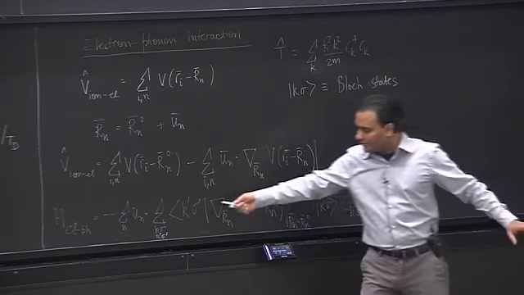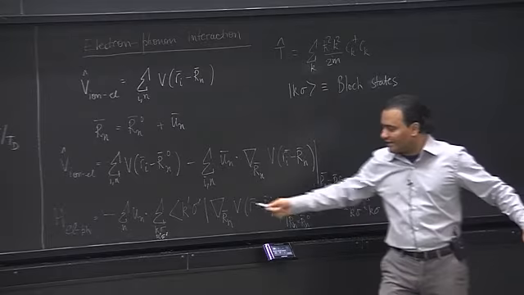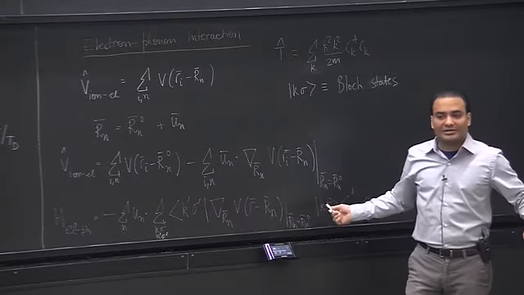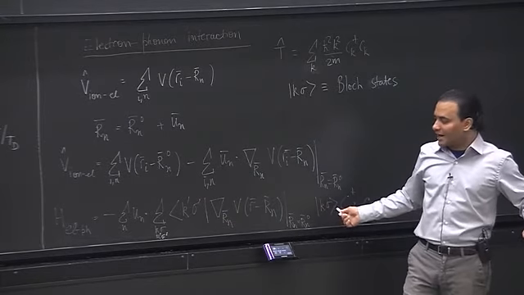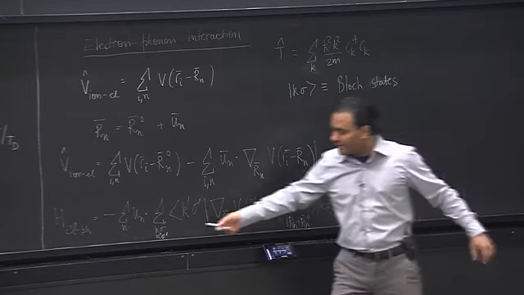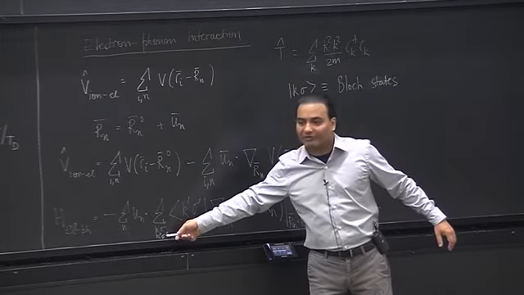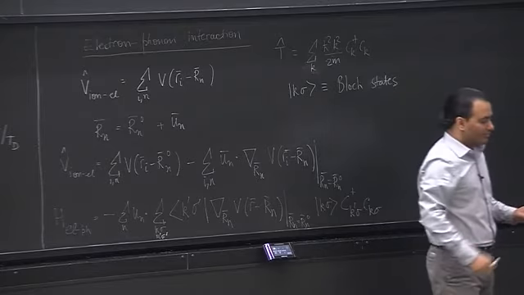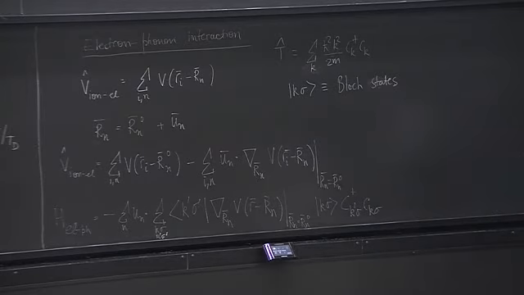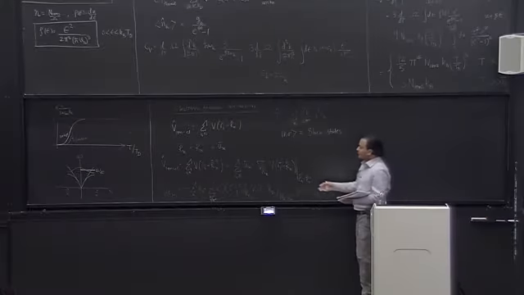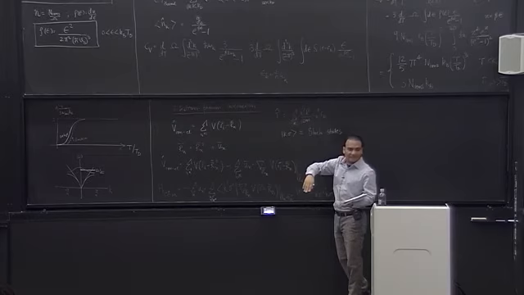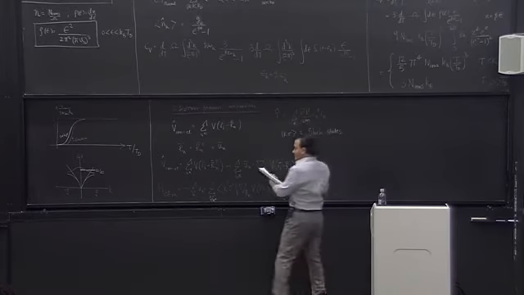So from here, you will get a delta function in spin, delta sigma sigma prime, for this matrix element, and you can use that to get rid of one of the sums, sigma prime. Any questions?